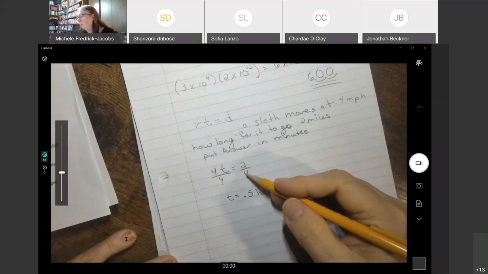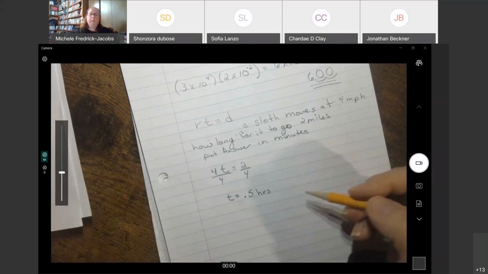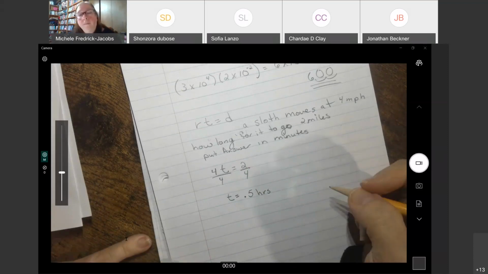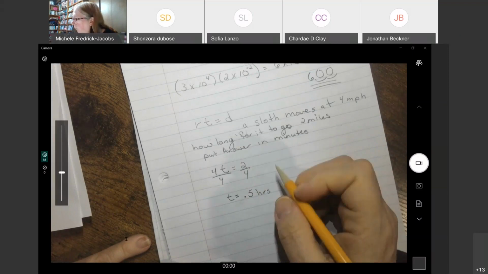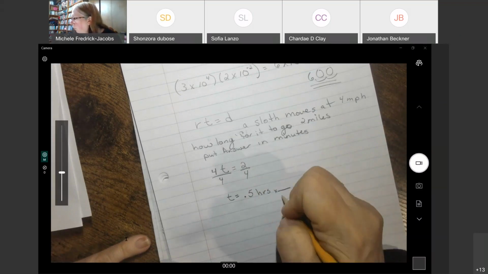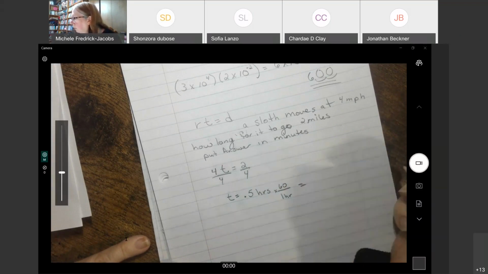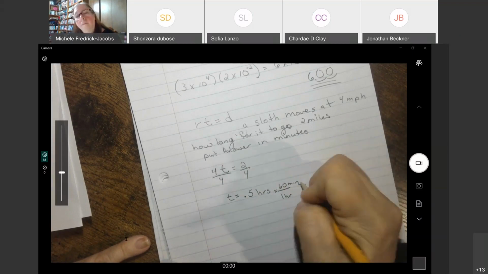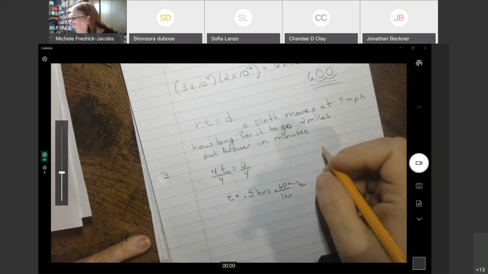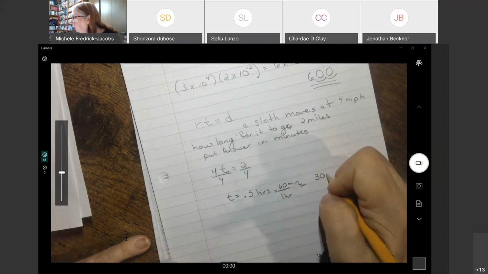Or you could just reduce and get 1/2, half an hour. You have 0.5 hours, and we want to change it to minutes. We know 1 hour is 60 minutes. 0.5 times 60 is 30.